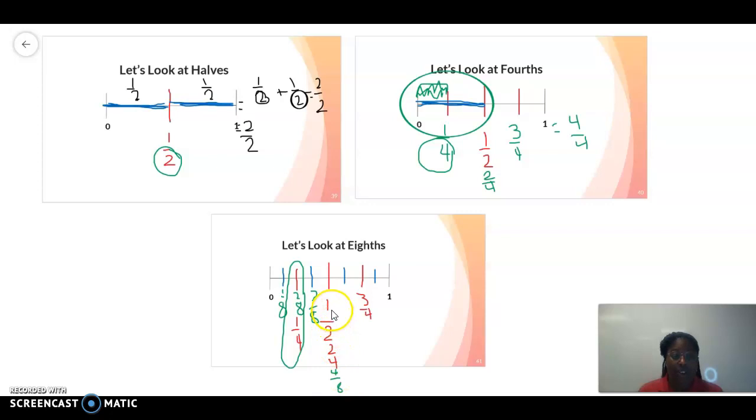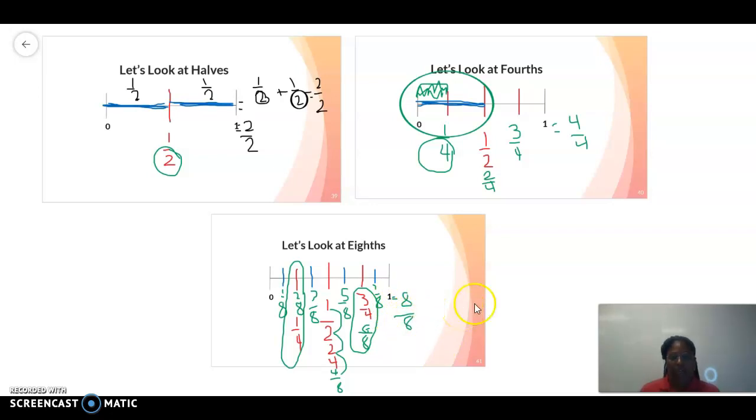I see that 1/2, 2/4, and 4/8, they're all the same. They're all equal. And you'll learn more about equivalent fractions. Okay? 5/8, 6/8. Wow, here's another equivalent fraction. 7/8, 8/8.